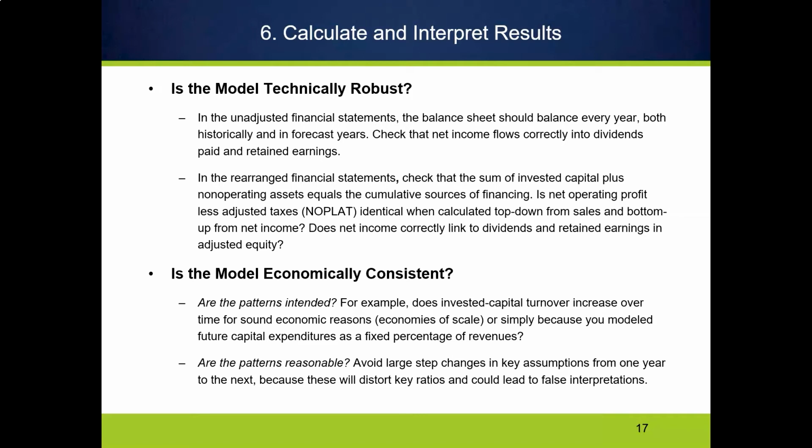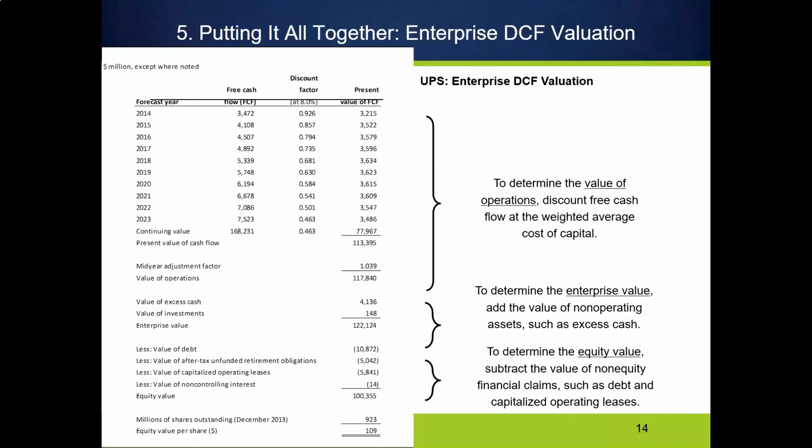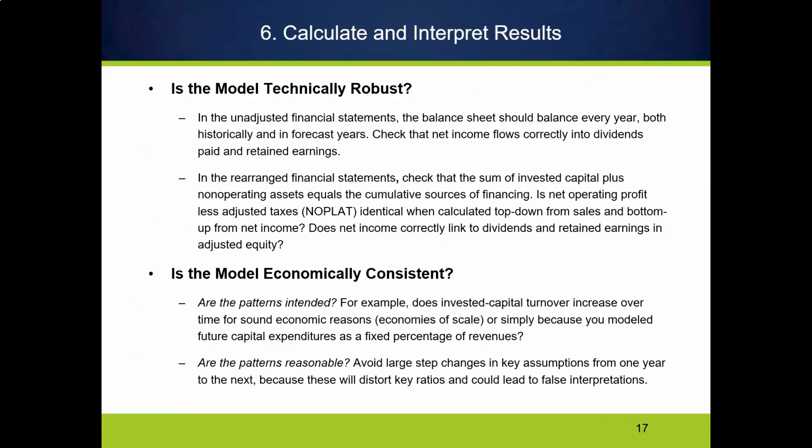Okay. Now the last step, and again, this is a really important, not to be ignored step, is we've got to check our results and then interpret them. So we get to the end, we calculate an enterprise value of $122 billion for UPS as of 2013. And then we come back and we say, what does that mean?